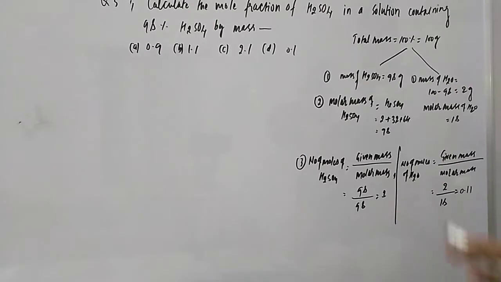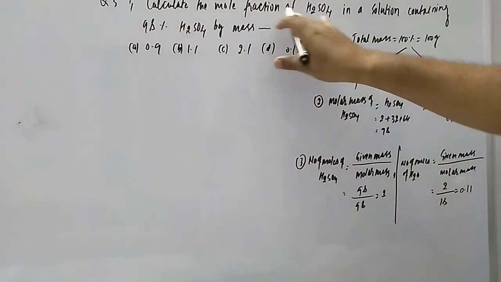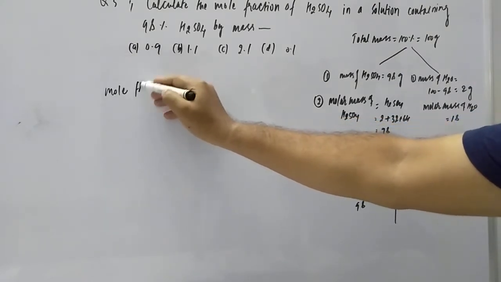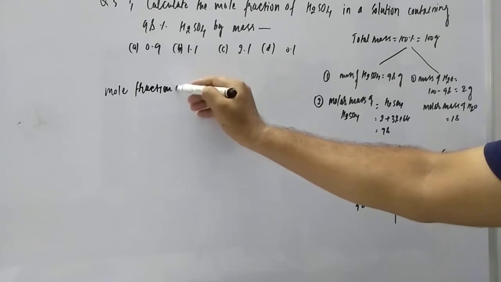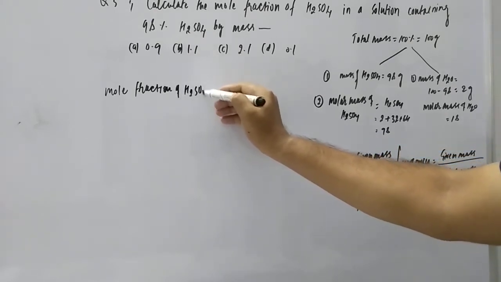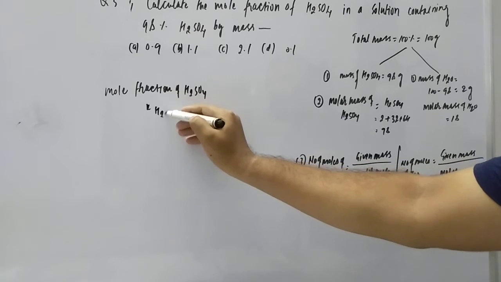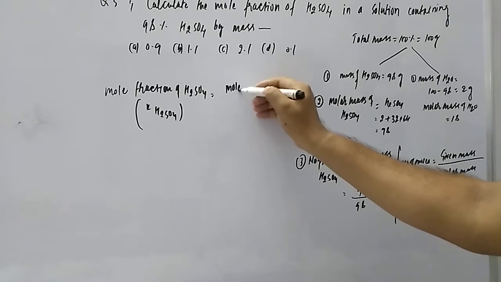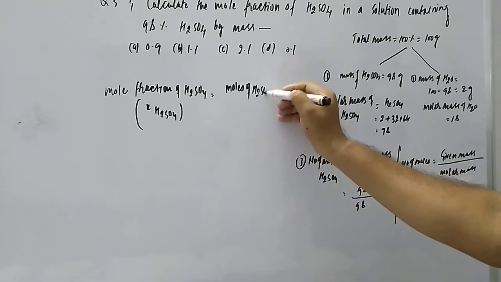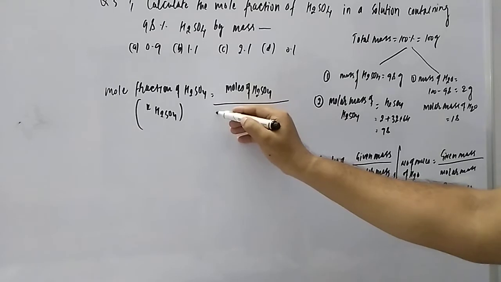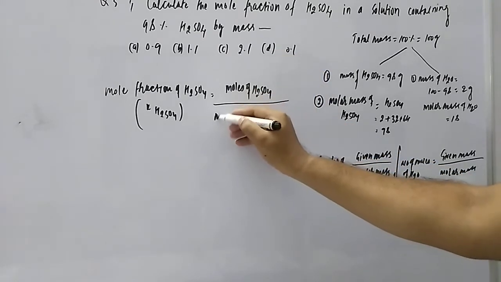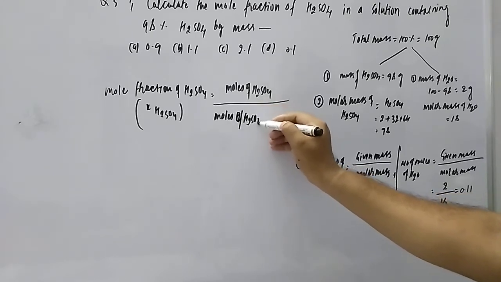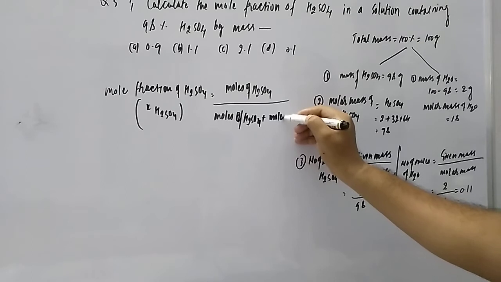So now you apply these on the mole fraction formula. Calculate the mole fraction of H2SO4. X H2SO4 is equal to moles of H2SO4 divided by total moles, that is moles of H2SO4 plus moles of H2O.